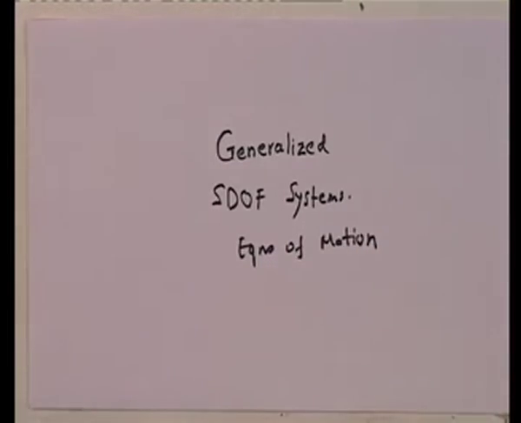The only difference is that we shall be looking at systems which are not really single degree of freedom systems, but are actually multi degree of freedom systems, in fact continuous systems, which we can consider as a single degree of freedom problem. Let's see how this is.